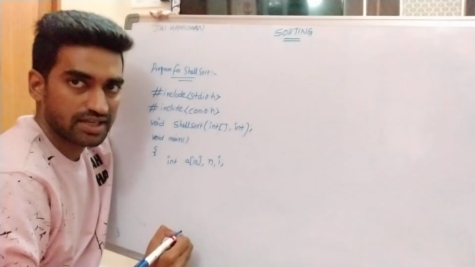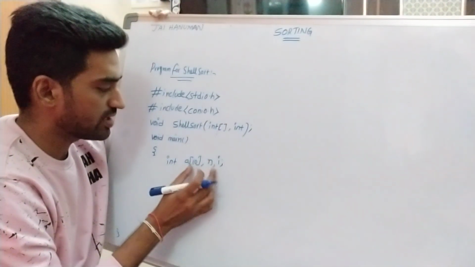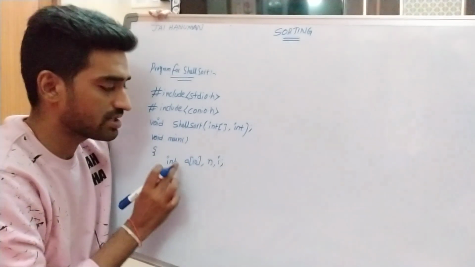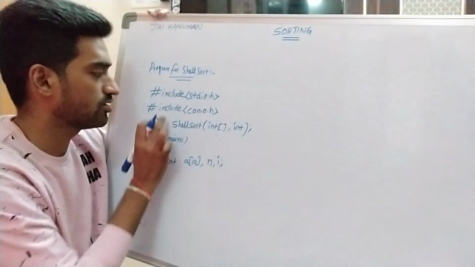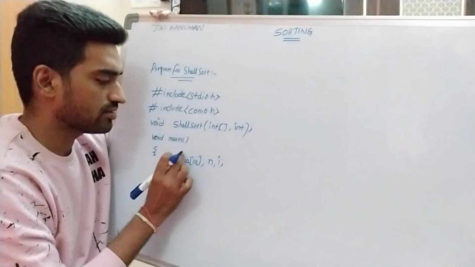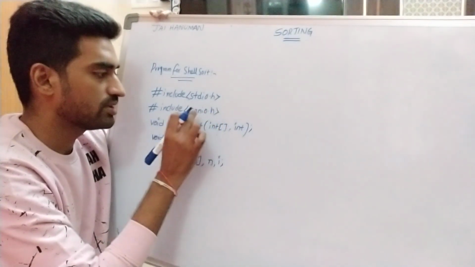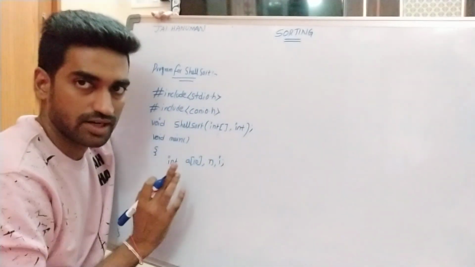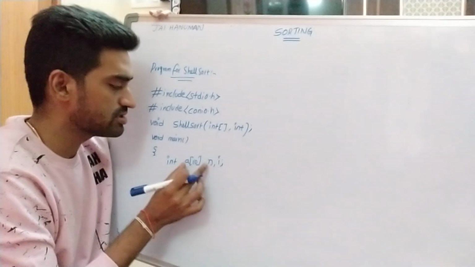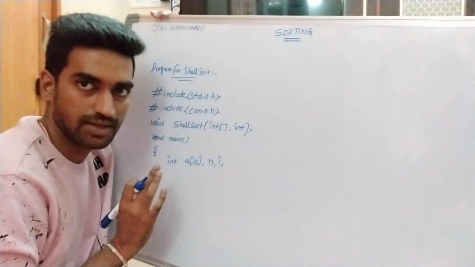These variables are only alive within the main function because they are not declared globally. If you declare variables globally, we can use them throughout the program. So this is the local declaration, and that's why these variables are alive within the main function only.